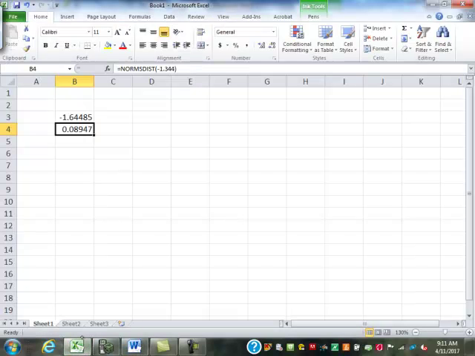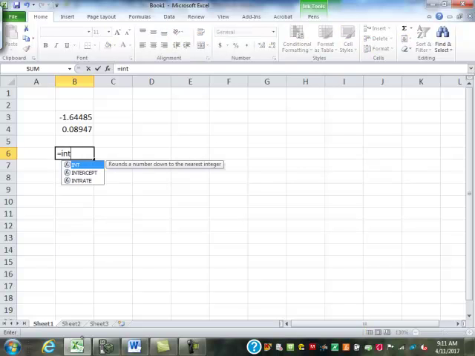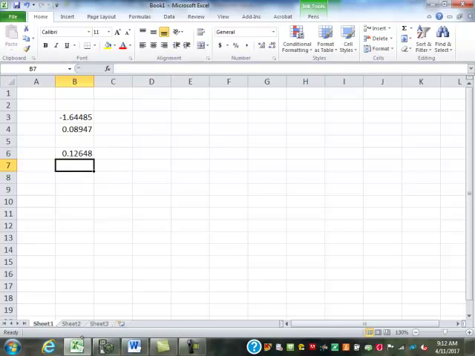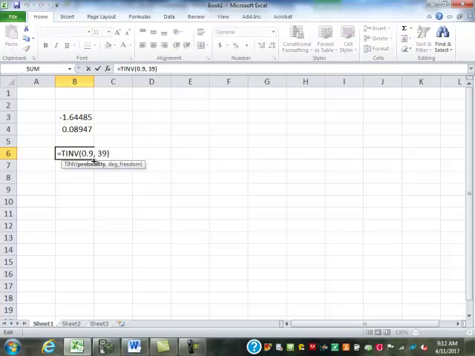In Excel, we do the same thing. It's T inverse, 0.9, and 39 degrees of freedom. Oops, what did I do wrong there? Oops, this one do 0.1, sorry.